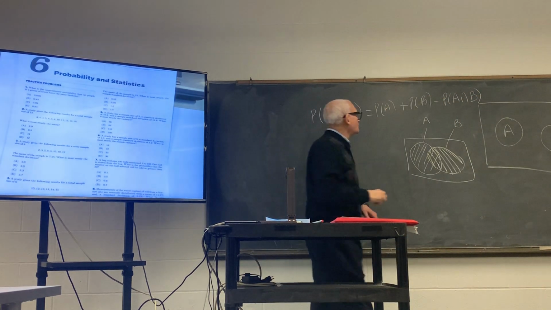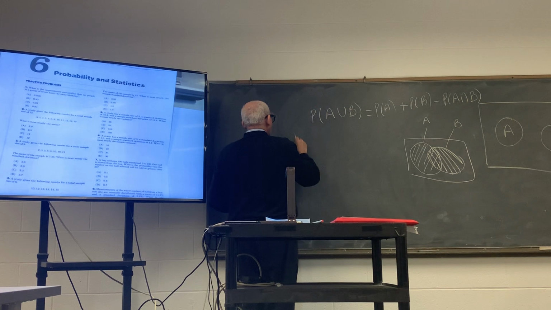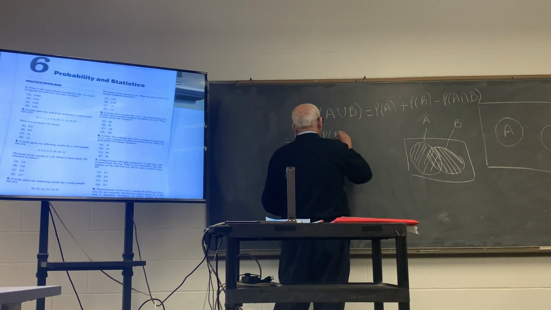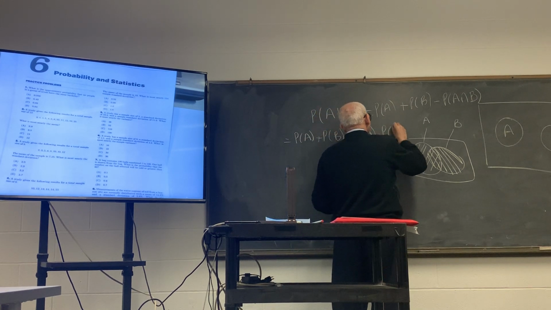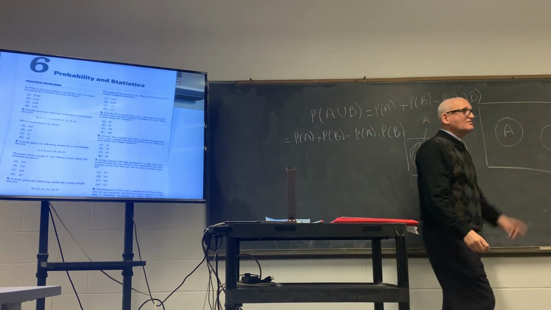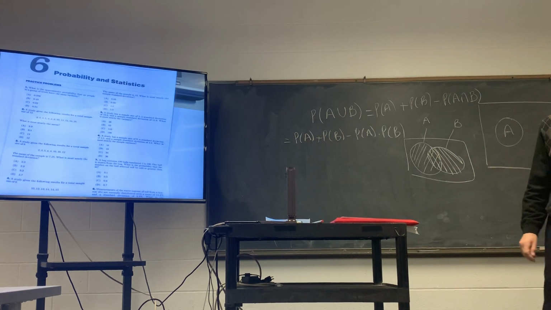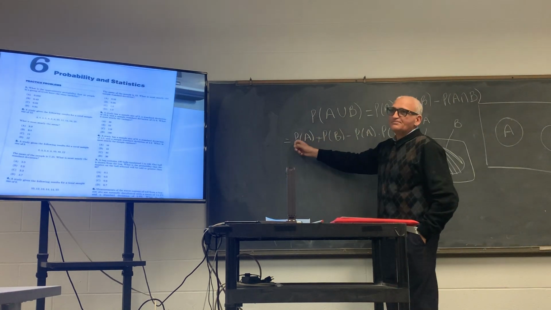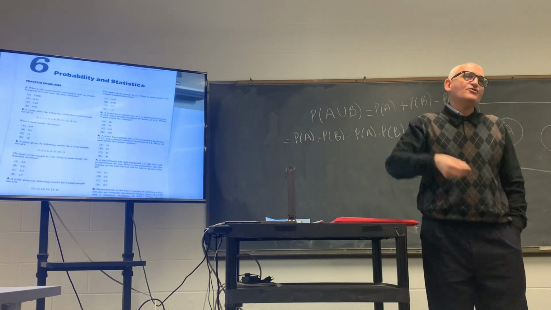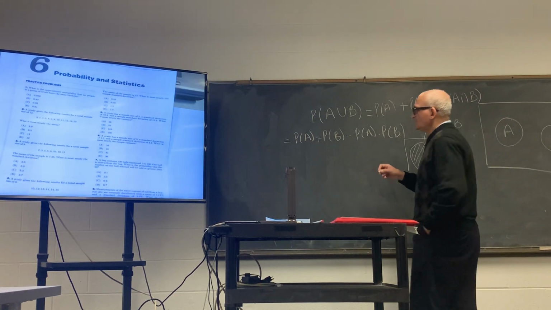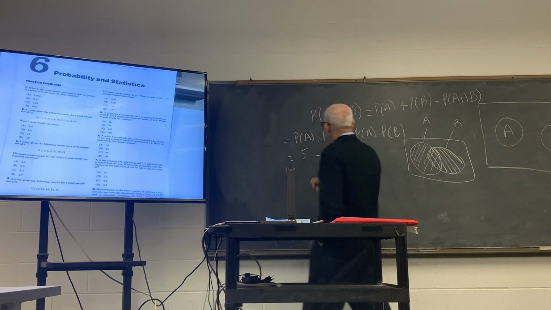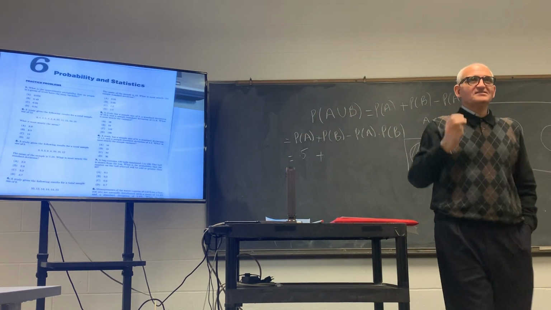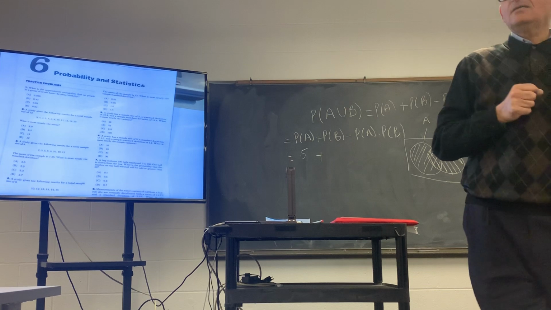So now I'm going to say, this thing is the probability of A plus the probability of B minus the probability of A times the probability of B. Because of independence, only because of that. What is the probability of A? A is picking a number that is odd, for example. What is that probability? We said it's 0.5. What is the probability that I select a number that is greater than 80?